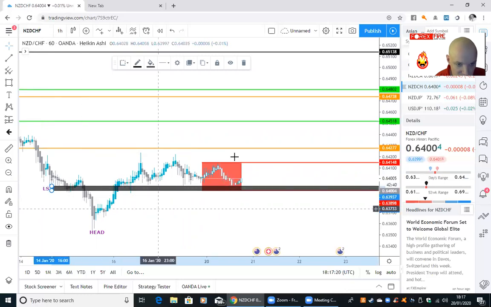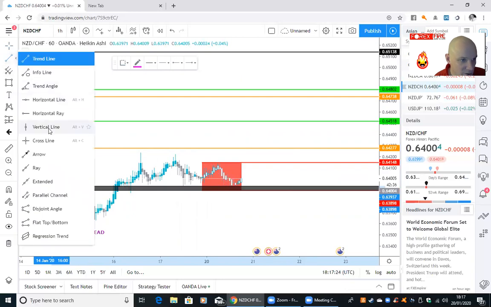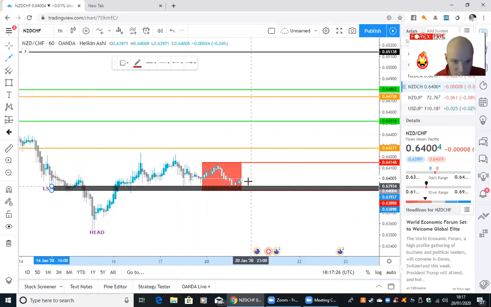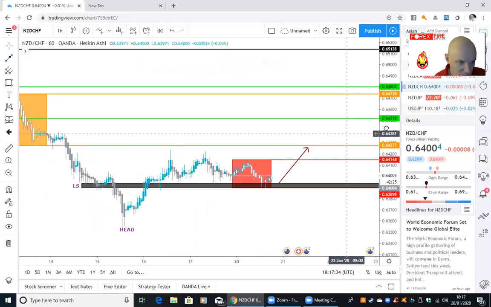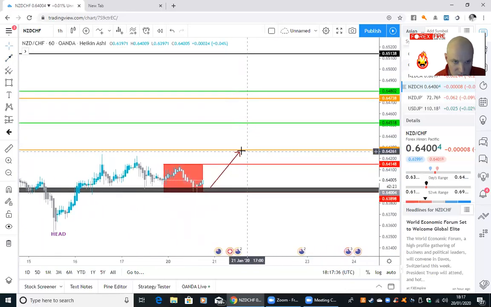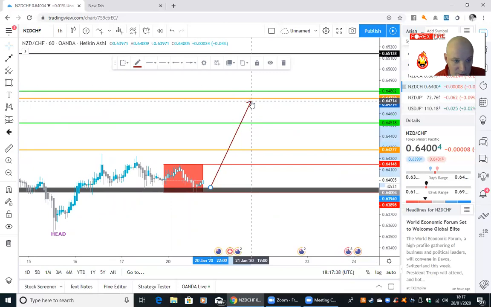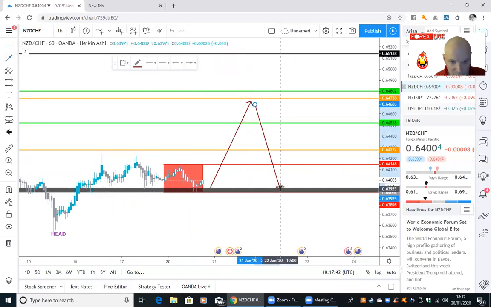So I'm waiting for this to go up. I'm waiting for a retest here. So to remind me, I'm just going to do a simple process. I'm expecting this to go, this would be potentially a big move, to be fair. And then I'm waiting for it to come back down.